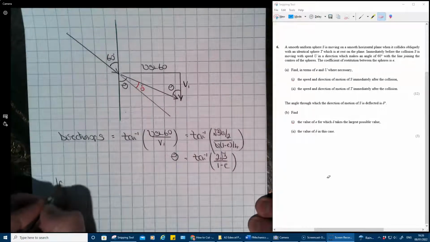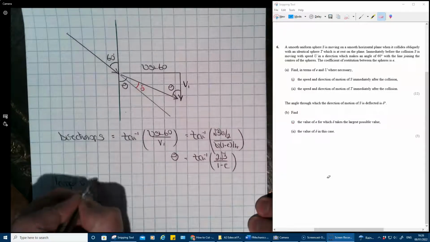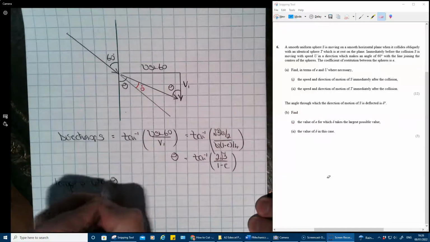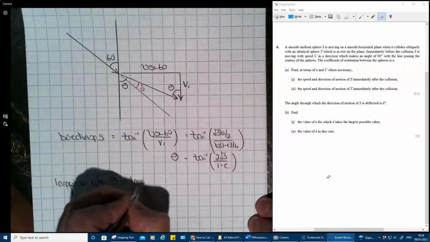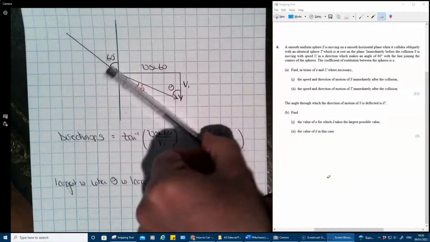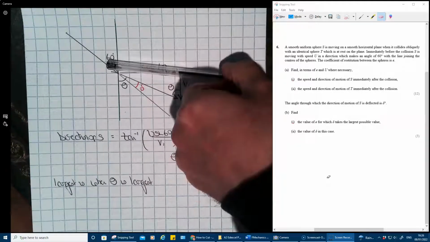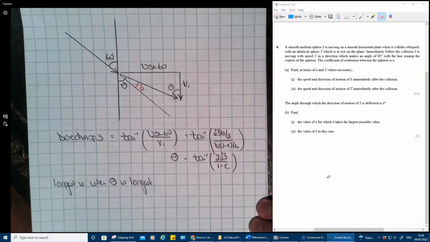The largest delta is when theta is the largest, because further around here. So at the moment it's deflected there, but if it's deflected even further, then delta increases. So we want theta to be largest.